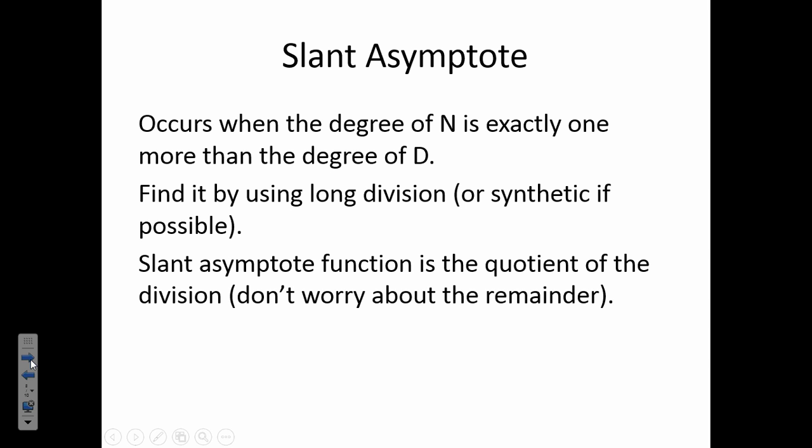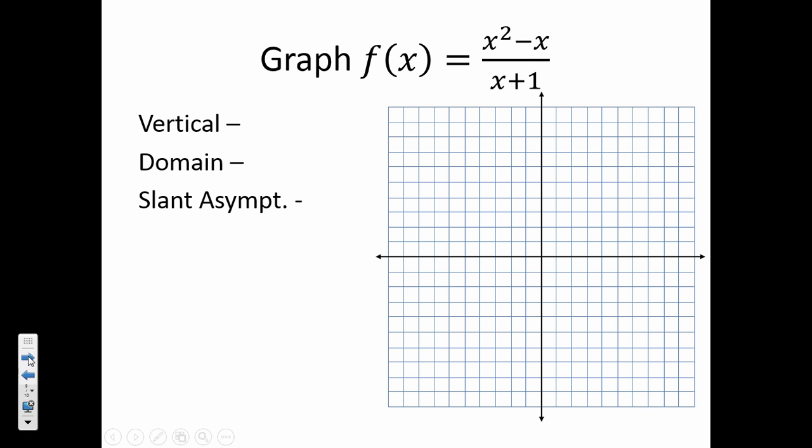Ready? System ready. Okay. All right, so we're going to graph f of x is equal to x squared minus x over x plus 1. The power of our numerator polynomial is exactly 1 higher than the power of our denominator polynomial, so we know that we will have a slant asymptote.